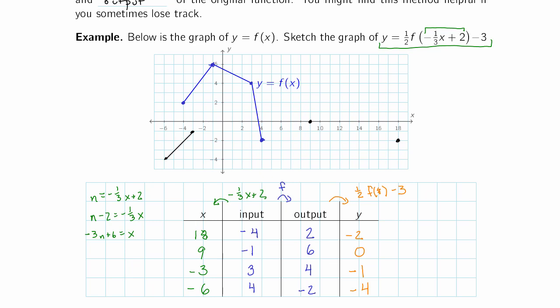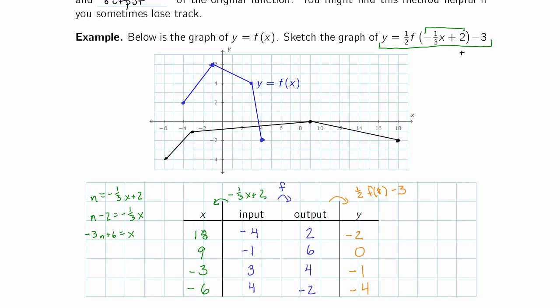Connecting those dots, we see we got our original graph, moved down, squished vertically, stretched out horizontally, and it also appears to have been flipped horizontally. And that's what we would expect by analyzing these transformations.